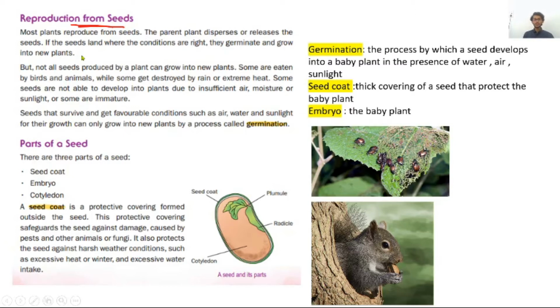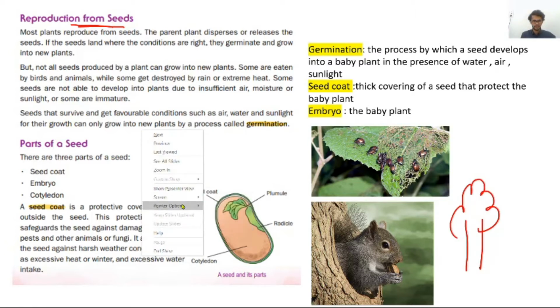What will happen is, if this is a plant, let me go to the blackboard. Sorry, this is my blackboard. So this is a plant, a tomato plant.